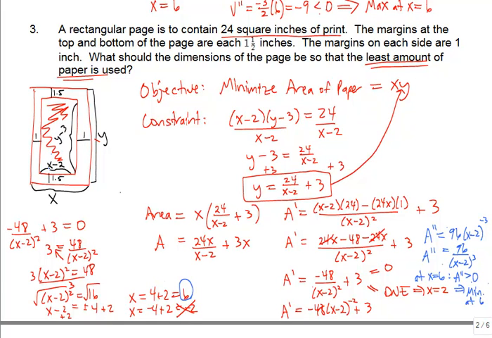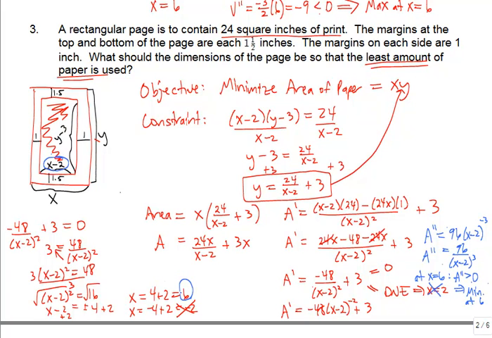If x was 2, then that would make this inside dimension here become 2 minus 2, or 0. And that means we wouldn't have any width here at all on that inside rectangle. So 2 is not going to be valid for us because it would make this inside print disappear. So the only solution we want is the 6.